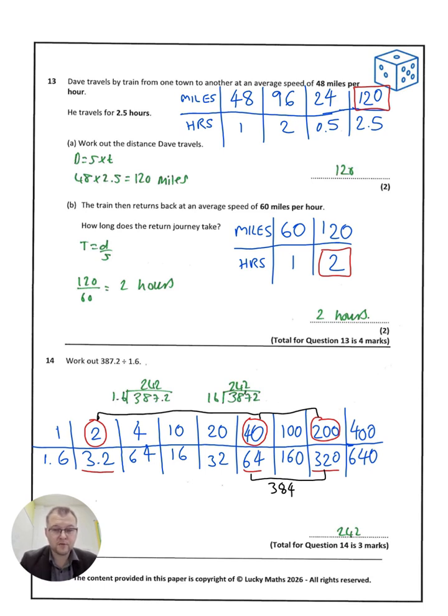well, for a start, I'm going to ignore the last column because 400 lots is 640, so that's too big. So I'd start with the 200 lots, which is 320.